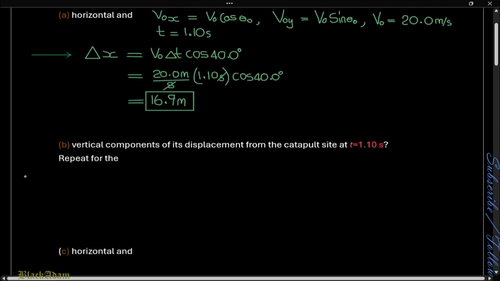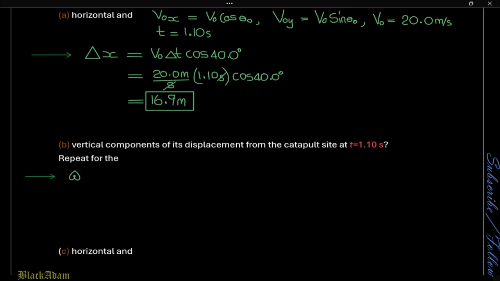We do the same thing for the vertical motion. The change in vertical position at time 1.10 is the initial speed multiplied by the change in time times sine theta, minus half g times the change in time squared, since downwards is negative.